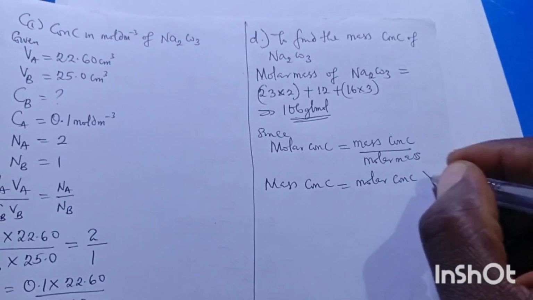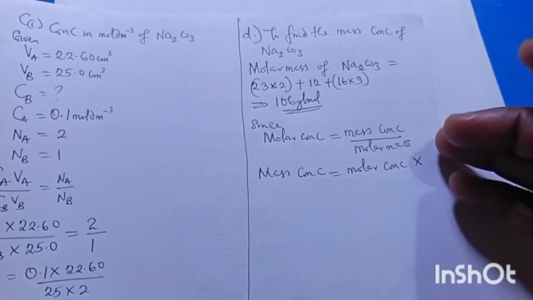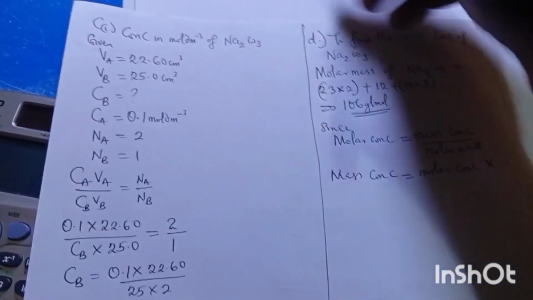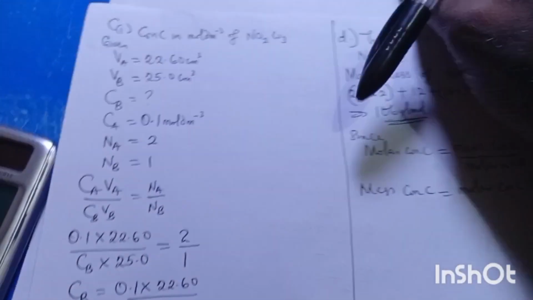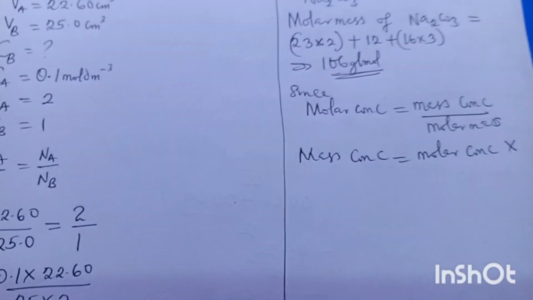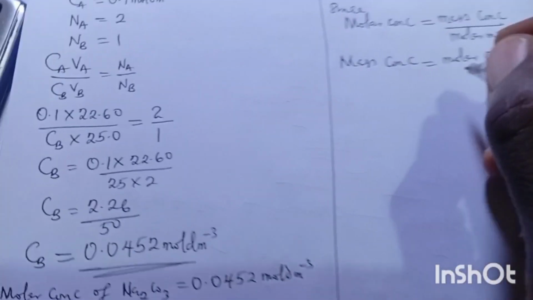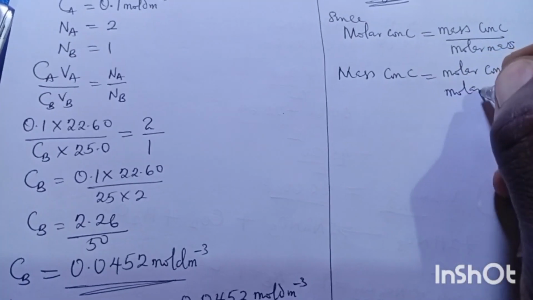In your own exam, as a student, you will not write "molar conc", you write it in full. But because I want us to manage time, that's why I'm shortening. Molar concentration times molar mass.